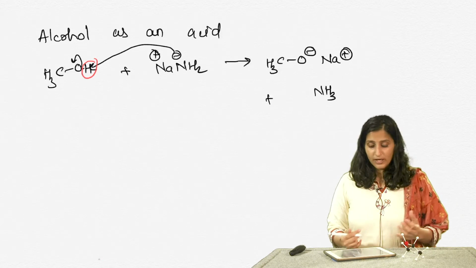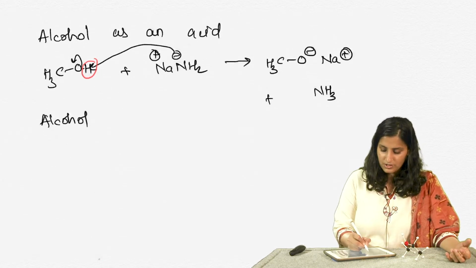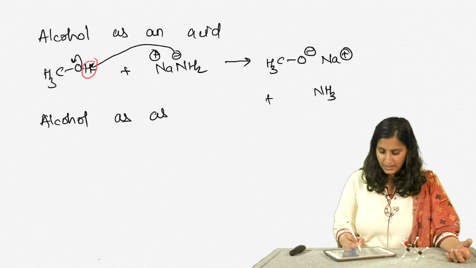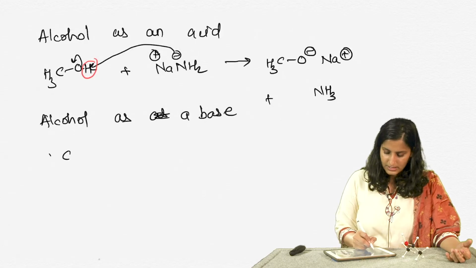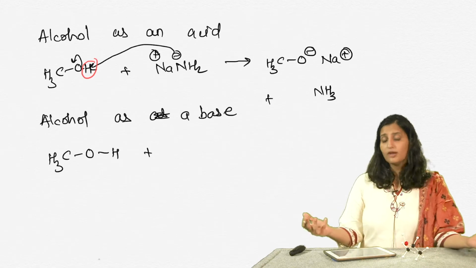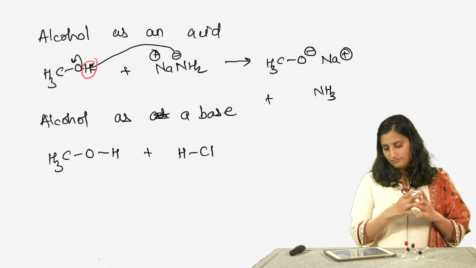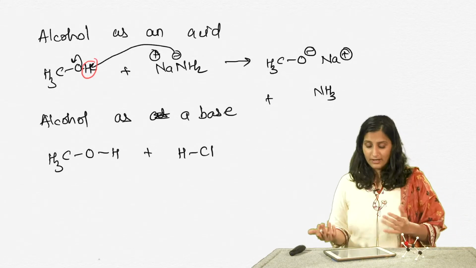Whereas, I can also write a reaction where alcohol OH will function as a base. In this case, let us take the same molecule methanol, but I am going to react it with HCl. So, I am going to react it with a stronger acid.